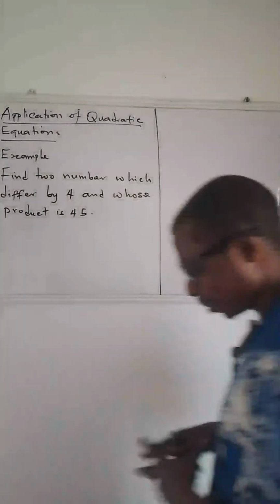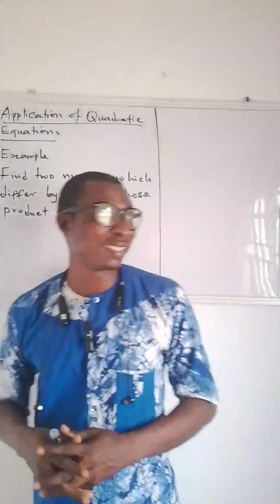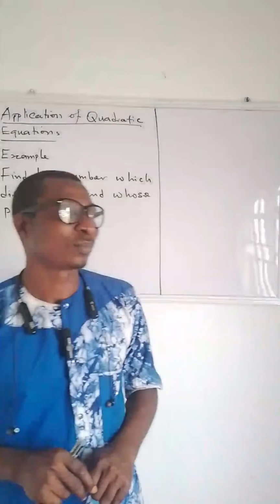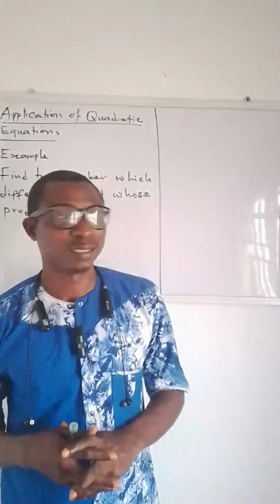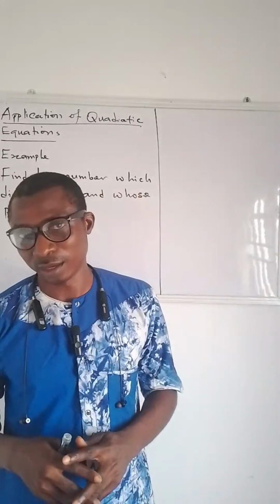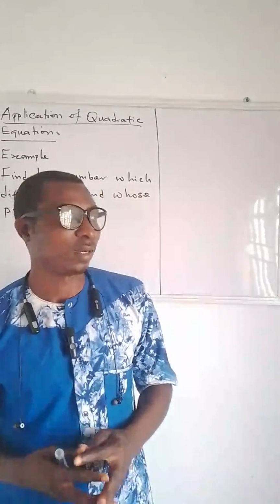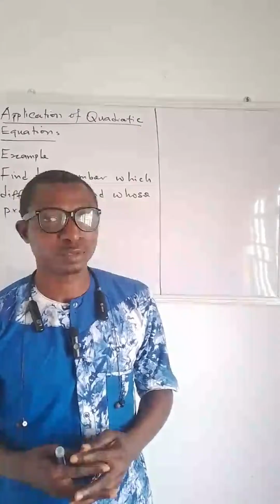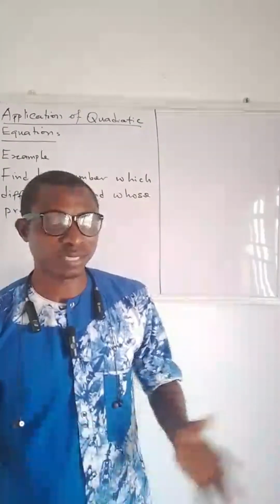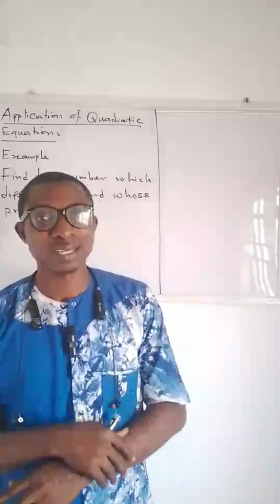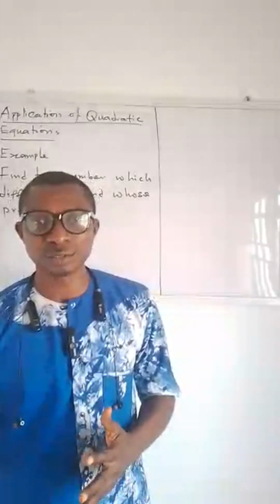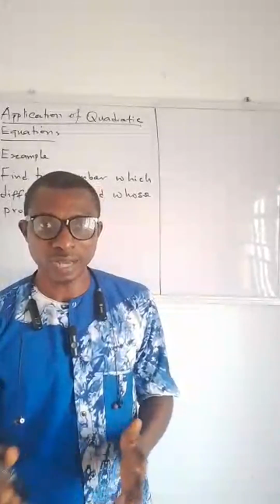Okay, because of our time, we are going to start this session now. I told you yesterday that we are going to be looking at a real life problem. So how do we use quadratic equations to solve a real life problem? Now, you need to know that mathematics is everywhere. Quadratic equations are everywhere. There are always quadratic explanations to some real life problems.